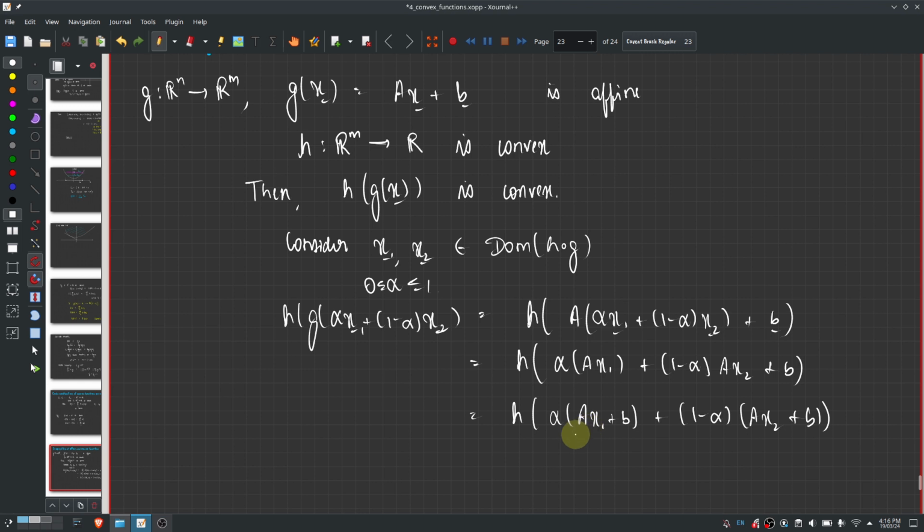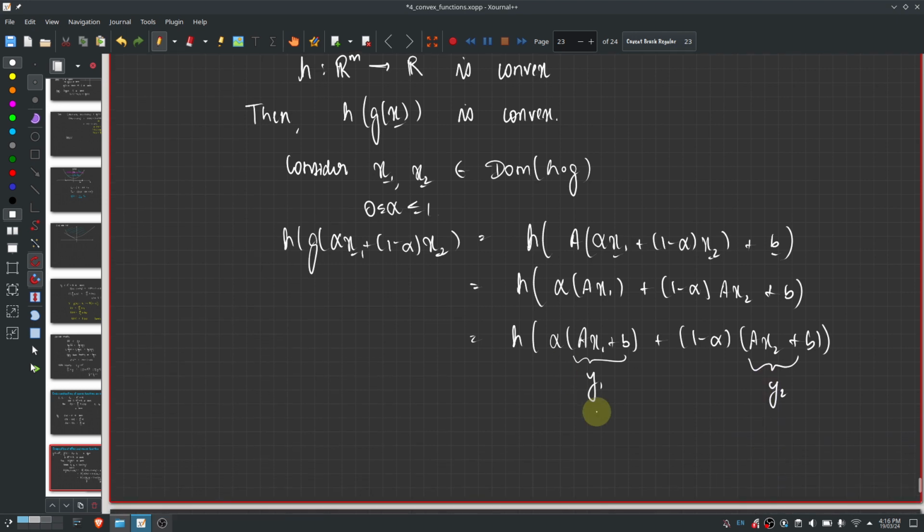Now I can call this y1 and this y2. I have something of the form h of alpha y1 plus 1 minus alpha y2. I know that h is convex. This is less than or equal to alpha times h of y1, which is Ax1 plus b, plus 1 minus alpha times h of Ax2 plus b.